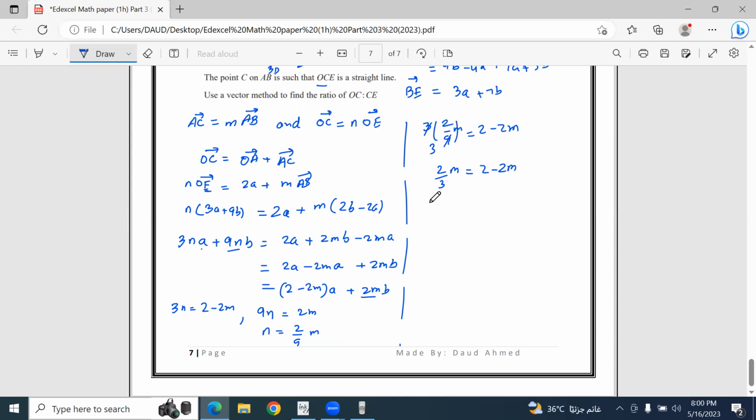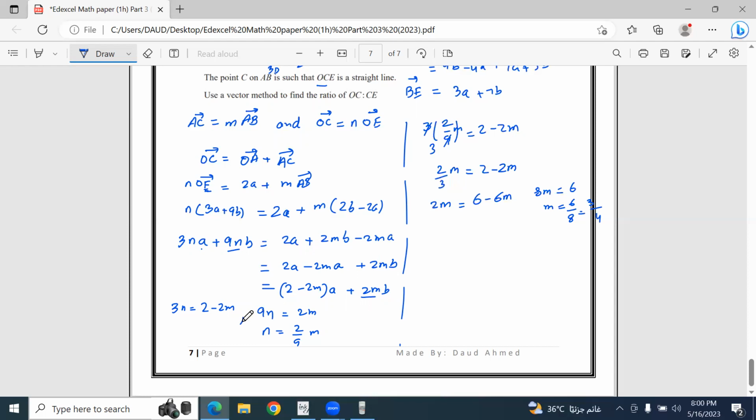Multiply by 3 on the other side. So it is M equals 6 minus 6M. If I take 6M to the left side, it would be 7M is equal to 6. So M is equal to 6 over 8, that means 2 3s are 6 and 2 4s are 8. So the value of M is 3 over 4.